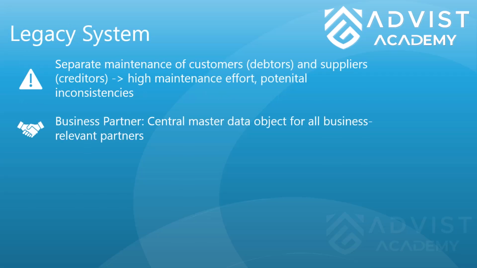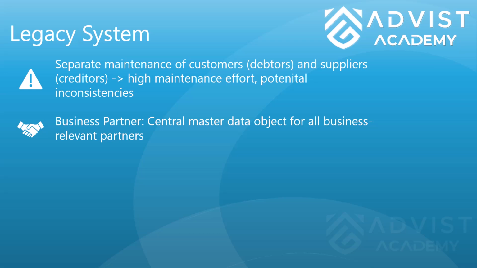In earlier SAP ERP systems, customers and vendors were managed separately through dedicated transactions, leading to duplicated data maintenance efforts and inconsistencies, particularly when a business partner fulfilled both roles. With the introduction of SAP S/4HANA, this model was consolidated.